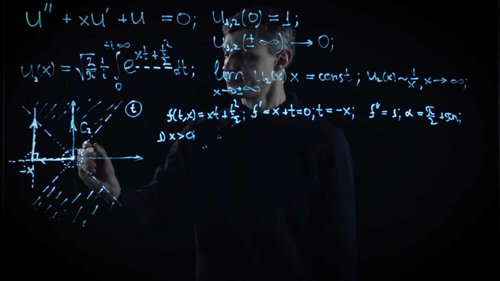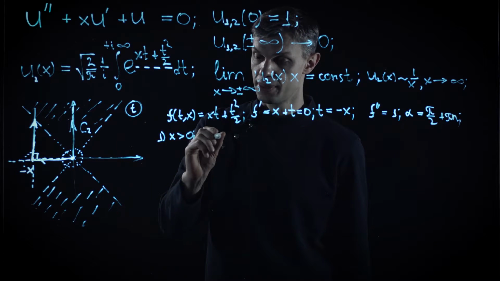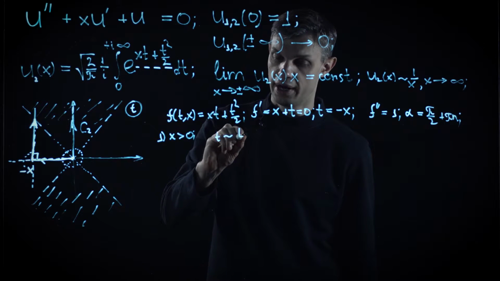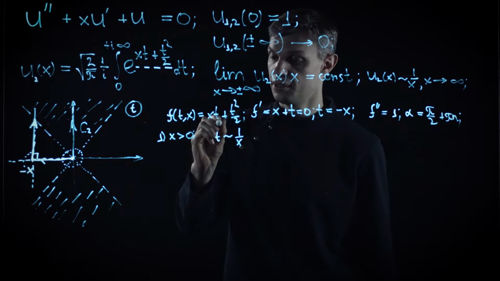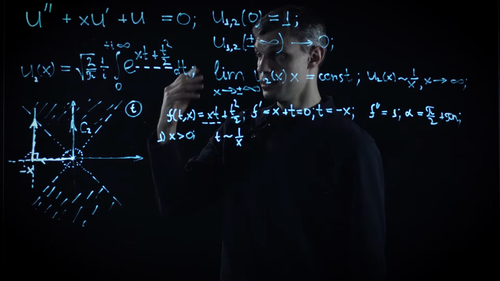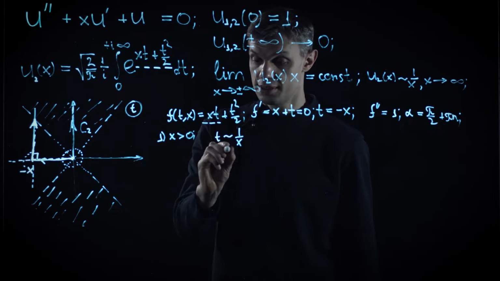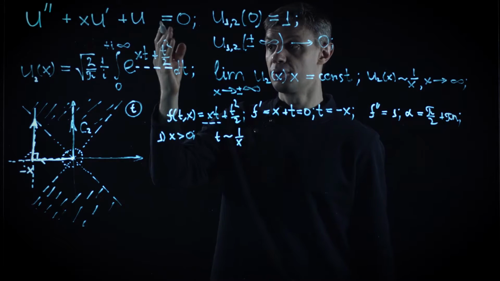Well, first of all, for small values of t, if t is of the order of 1 over x, x is large, the integral is accumulating its value for these values of t, and we could discard the quadratic term.